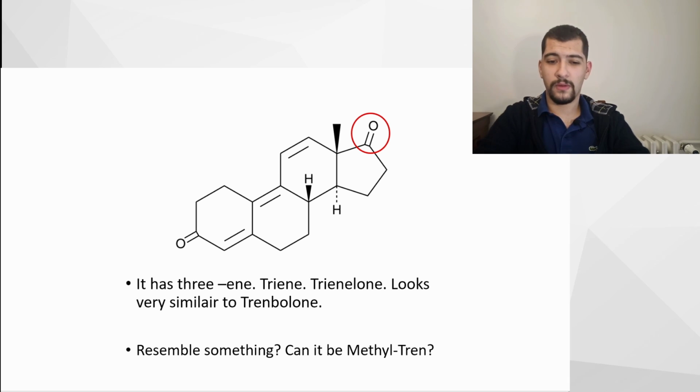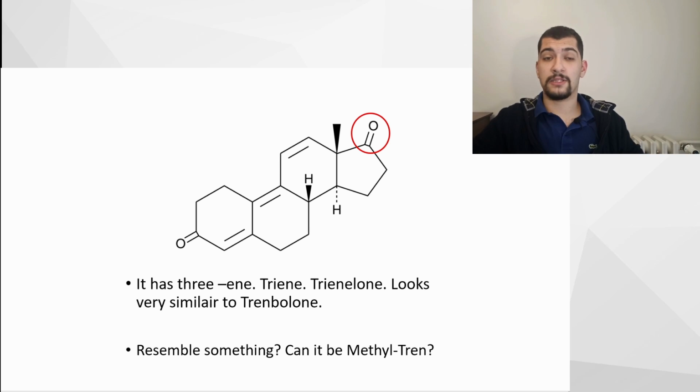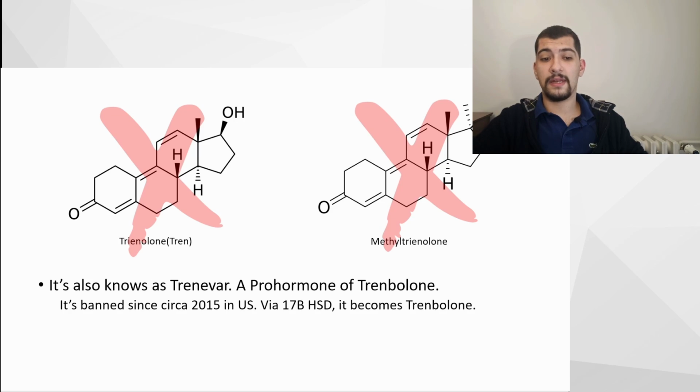So it looks very similar to trenbolone. As a natural question you might ask yourself, can it be structurally related to trenbolone? Can it be methyltrienolone? It resembles that, right?